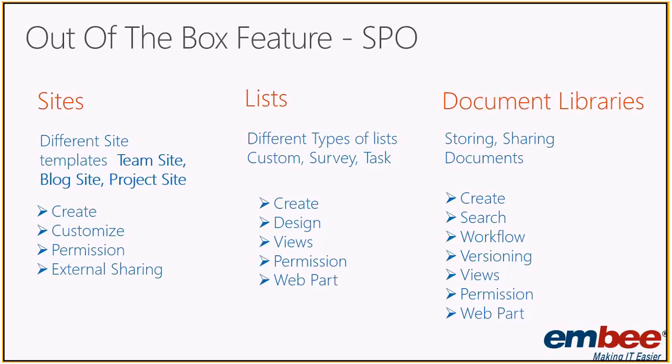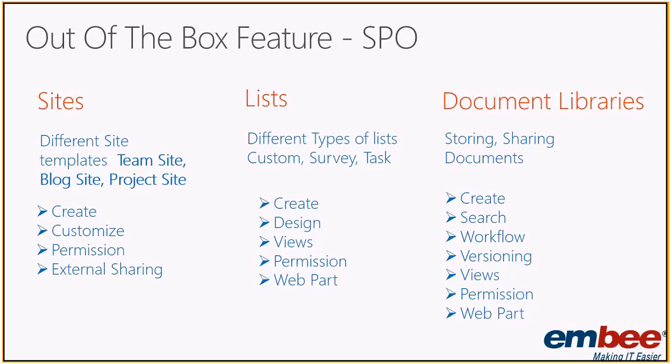Different apps are readily available in SharePoint, but I believe that using lists and document libraries, you can cover most needs. A document library is nothing but storing and sharing documents. You can create folders and files within document libraries, provide permissions on top of a document or folder, or create different sets of views on top of the document libraries.